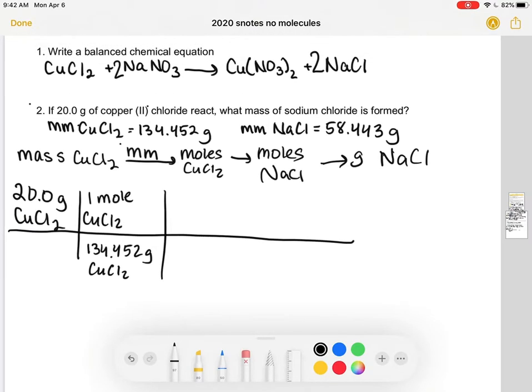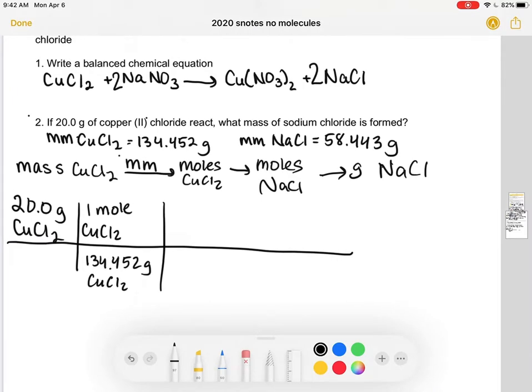Okay, now let's look at our chemical equation because we've gotten to this step here. Now we have to use our mole ratio to convert from copper 2 chloride to sodium chloride. Well, I know there's a silent 1 here, and there's definitely a 2 here. So for every, I want to switch back to black. Here we go.